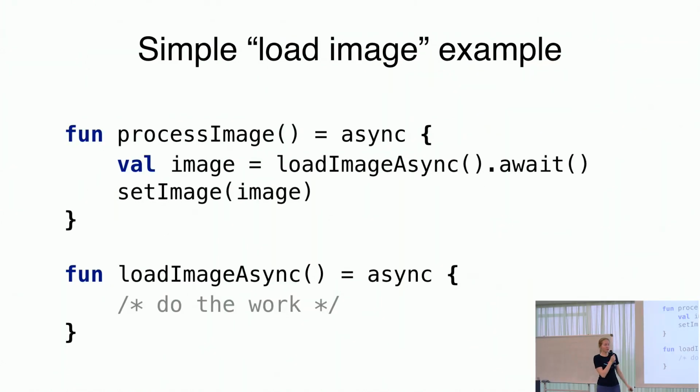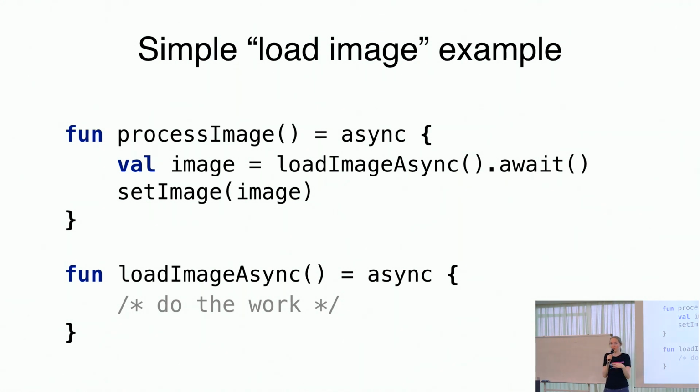Now let's return to my first introductory example with the image and see step by step how this mechanism of suspension works for this case. Here we have two functions: processImage, the first computation, that inside loads the image and calls await on it, and then when the image is loaded, it shows the result.